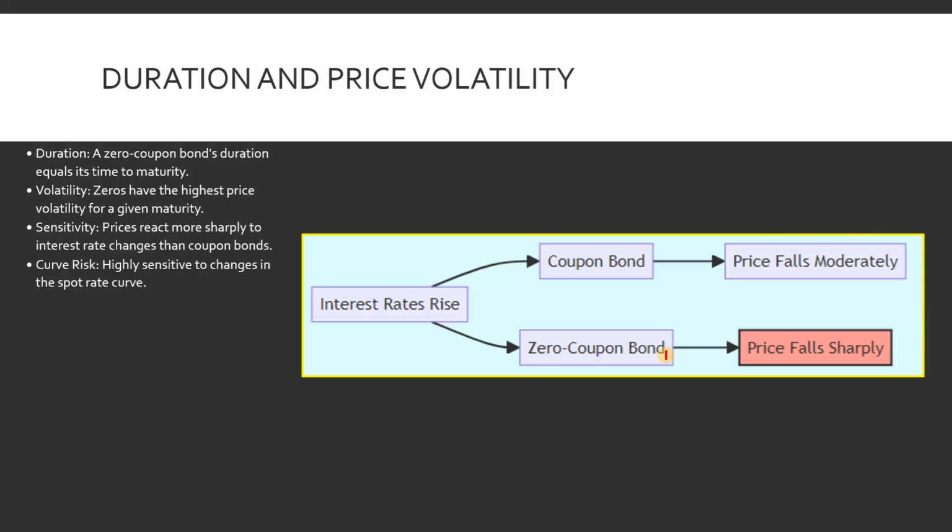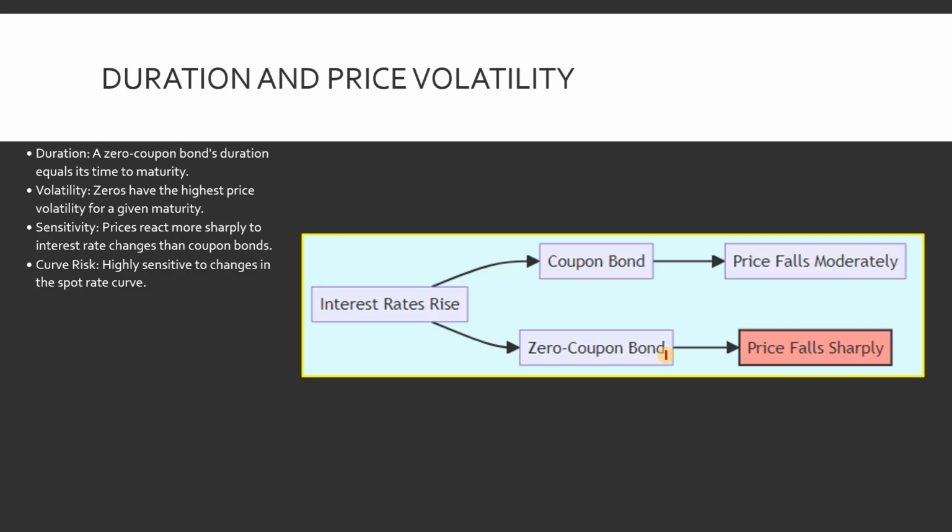If rates rise, the price of a zero coupon bond will fall more dramatically than a standard coupon bond of the same length. This makes them powerful tools for speculation but risky for preservation if you might need to sell early. Zero coupon bonds carry maximum interest rate risk per year of maturity compared to coupon bonds.